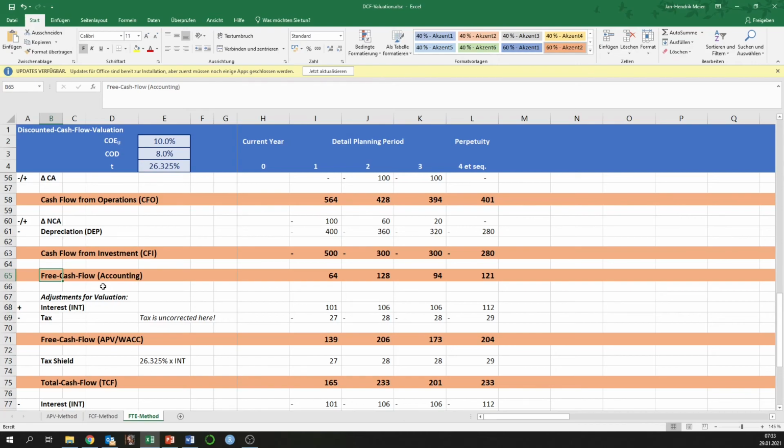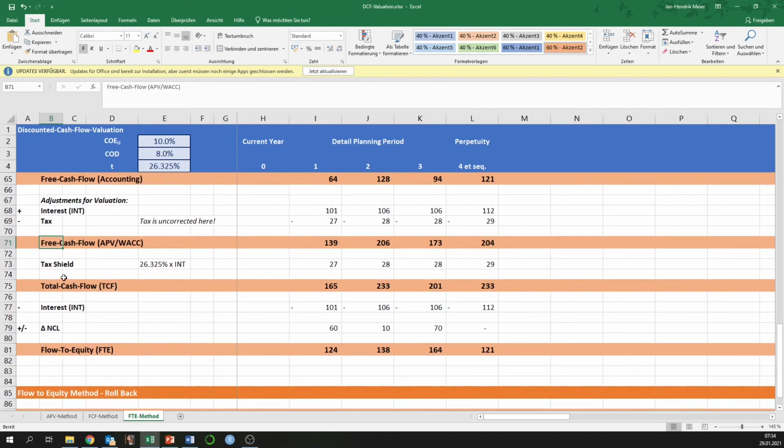But the free cash flow of accounting is a free cash flow of a levered firm. So we have to adjust it normally, add the interest and deduct the tax to get a free cash flow of an unlevered company. And we add the tax shield again to receive the total cash flow from the total cash flow method.